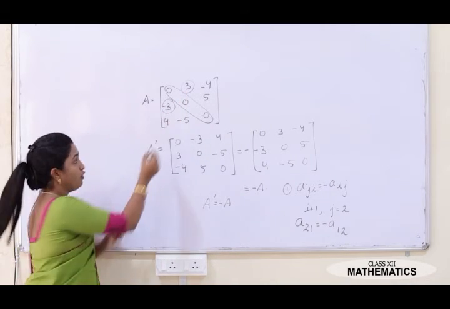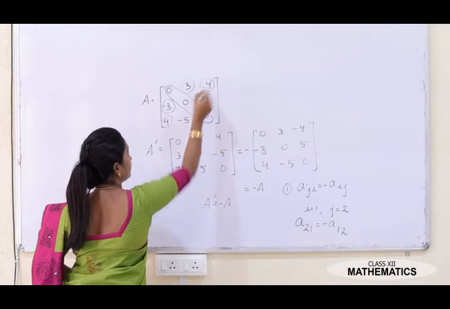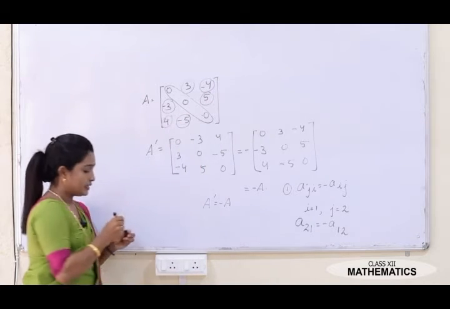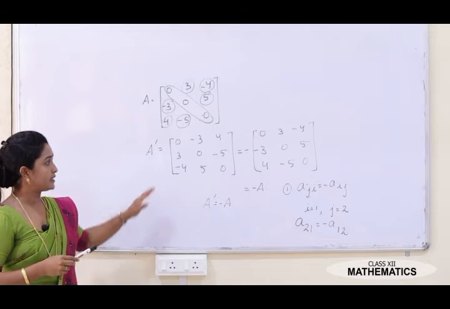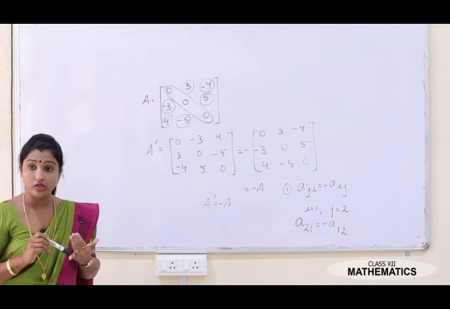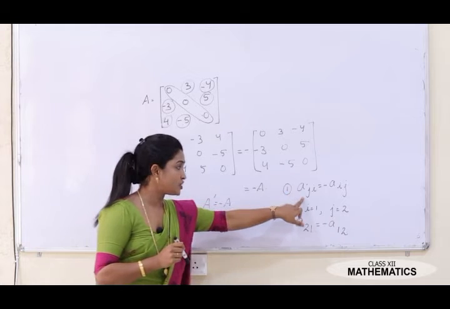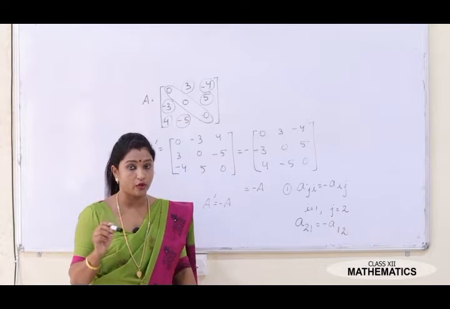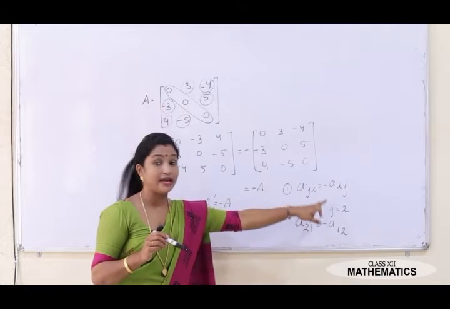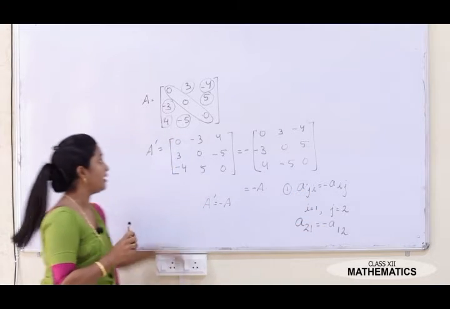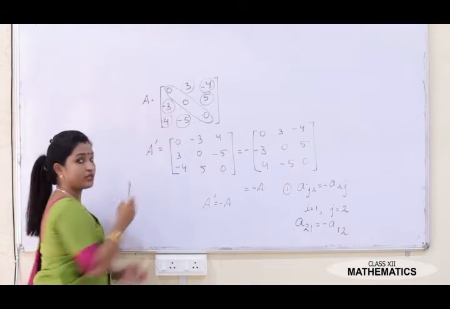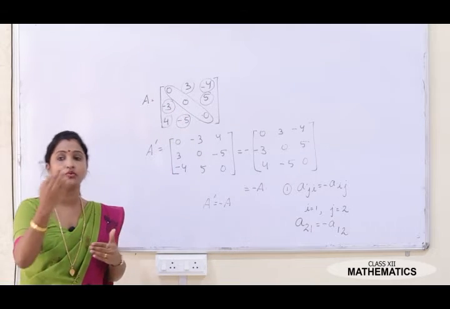Similarly, you see here 4 and minus 4, 5 and minus 5. That means the first property says that a matrix is said to be skew symmetric if Aji should be equal to minus Aij. Very, very important. Aji should be equal to minus Aij. You will see both elements are the same, but the change of minus and plus happens here. One will be in minus, the other will be in plus.